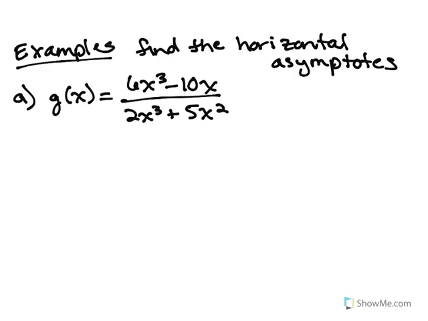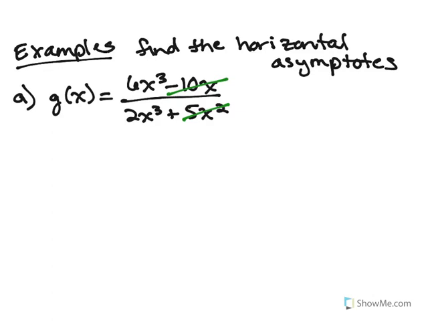Because sometimes in the homework they try to trick you and won't necessarily write the terms from the highest exponent down to the lowest, go look at both your numerator and your denominator separately and get rid of anything that isn't the highest exponent. So 10x to the 1 is not the leading term because 6x cubed has a higher exponent. And 5x squared is not the one we're looking at because 2x cubed has the highest exponent.